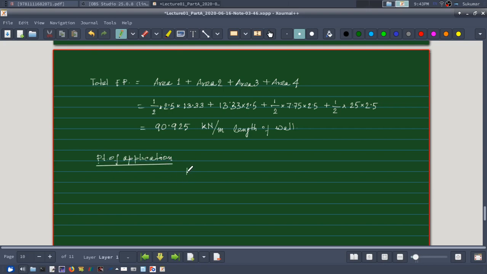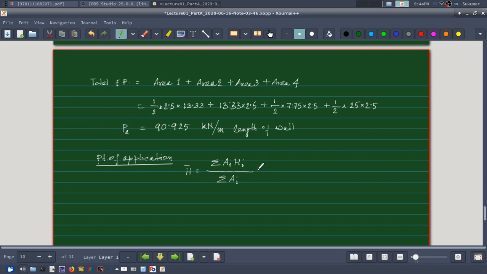Say h bar will be equal to sum of ai hi by sum of ai, right? This I can denote as PA.